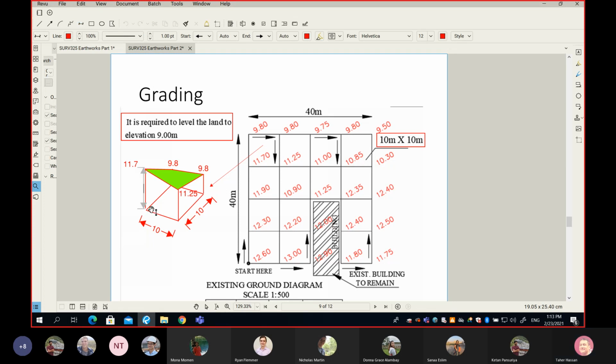Any help? 2.7. Why is that? Because I want to level to elevation 9, so 11.7 minus 9. This surface here, all the points have the same elevation, which is 9. So we know the depth of cut here is 2.7.